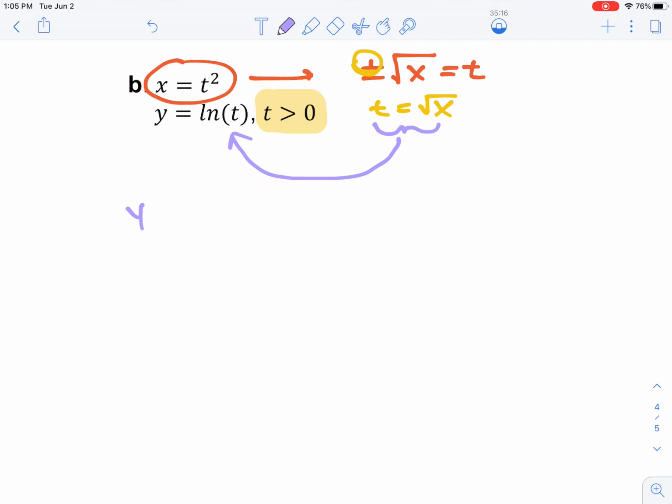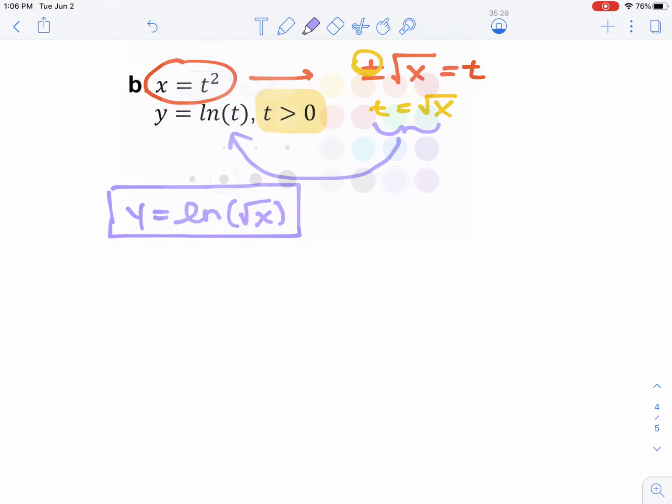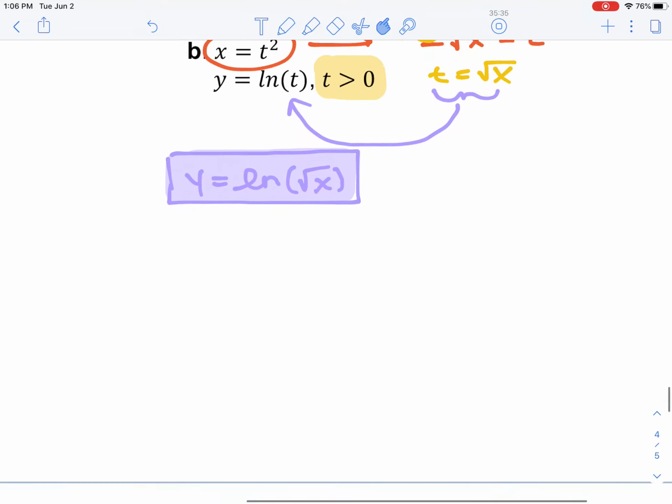This gives us the rectangular equation y equals natural log of square root of x. And I know that I'm done because I've eliminated my parameter. I no longer have that parameter of t hanging out. I have an expression for y based upon x.